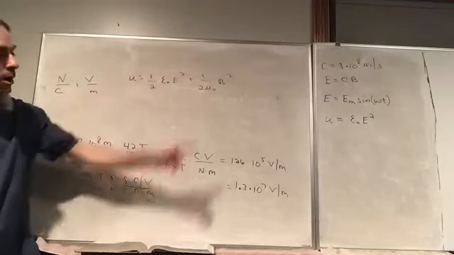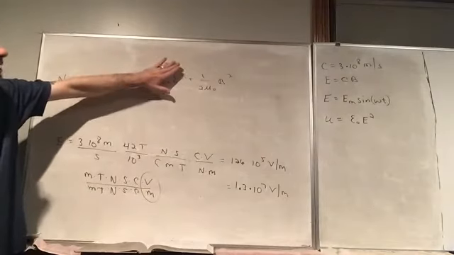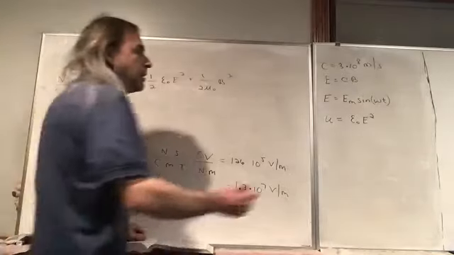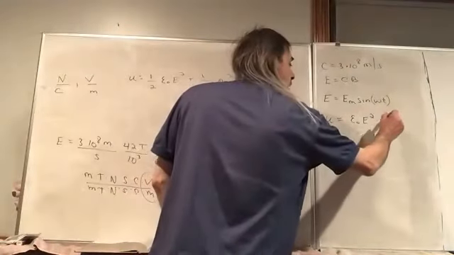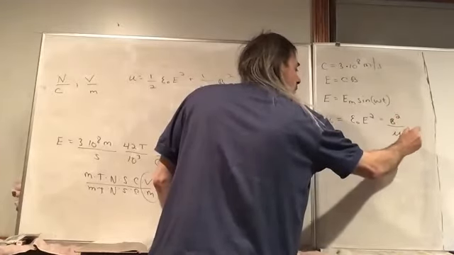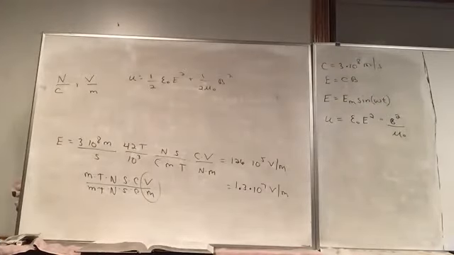So overall, we get that result. Or we could say that this term is equal to 1/2 mu naught B squared. So we could also write it this way. So we can write the energy density in terms of the electric field or the magnetic field.